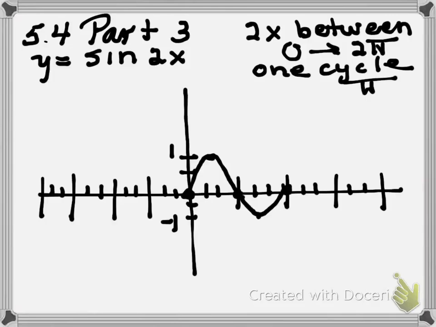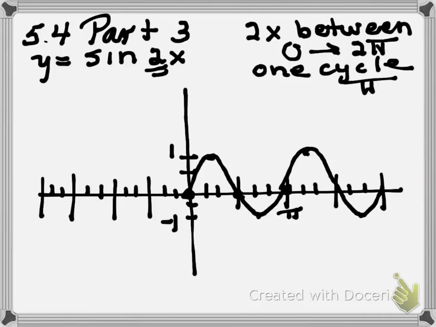Now, if I only ask you to draw one cycle, you're done, and you would label this as being pi here. So that you can see, actually, if I graph all the way to 2 pi, that you're seeing two of the sine graphs between 0 and 2 pi. The period is going to be pi now, because you're finishing one cycle by pi.